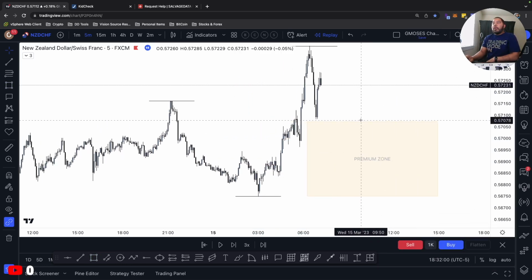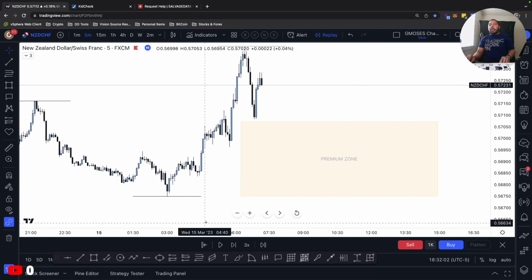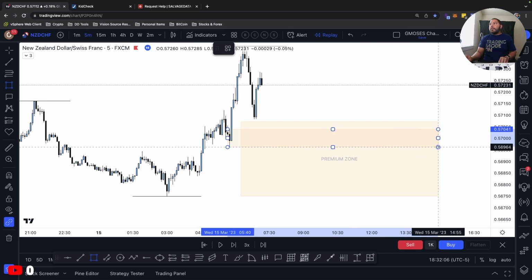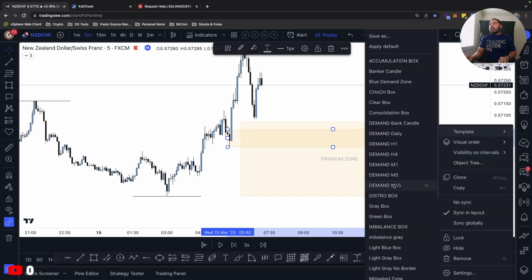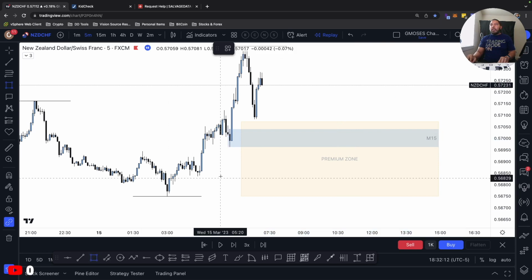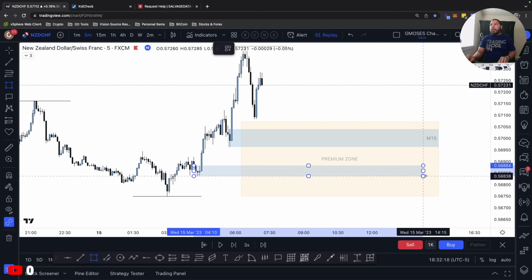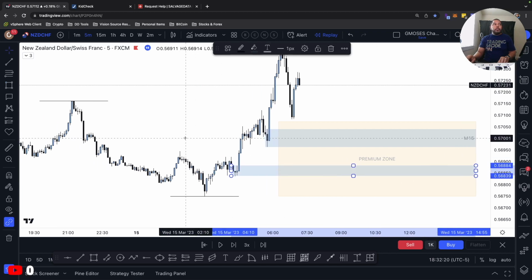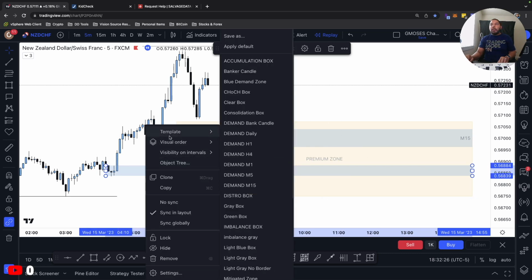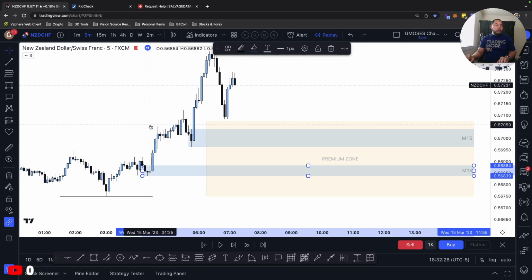Fibs, and we can see that in this area we have a demand level here on the 15, and we have a demand level here. But I'm going to probably use this entire area here just because it's an imbalance, so I just want to cover that entire area.